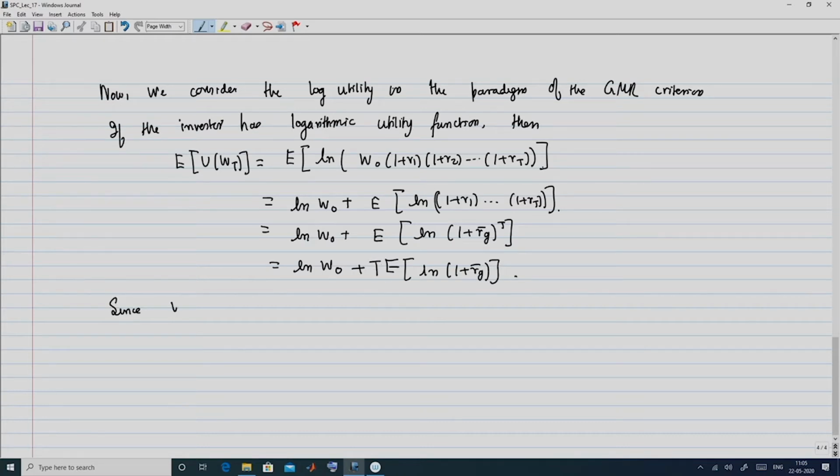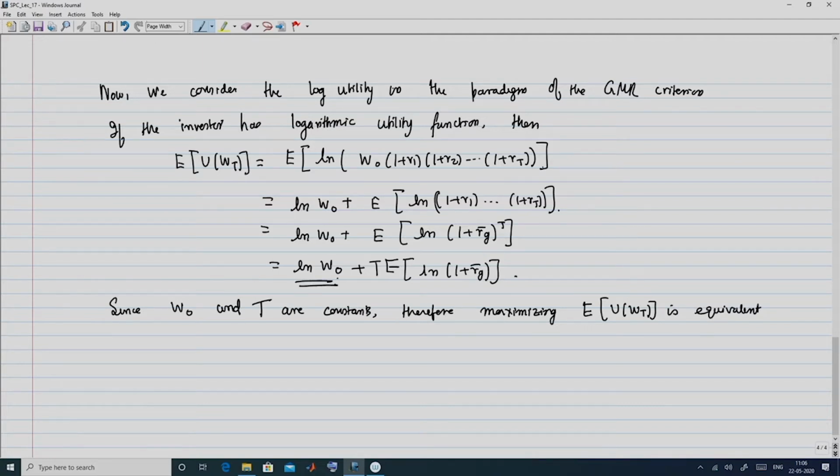Now, since W naught and T are constants, therefore, maximizing the expected utility of the final wealth level is equivalent.